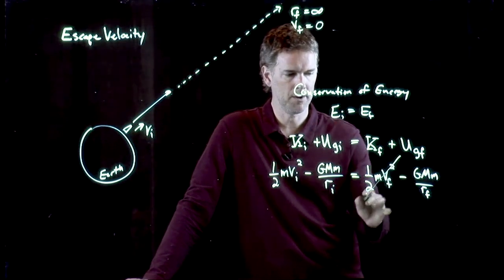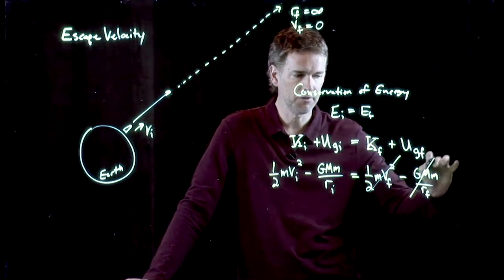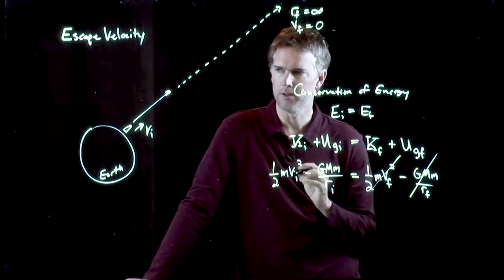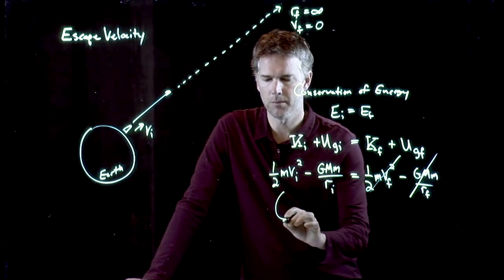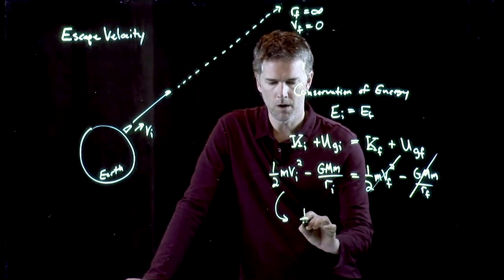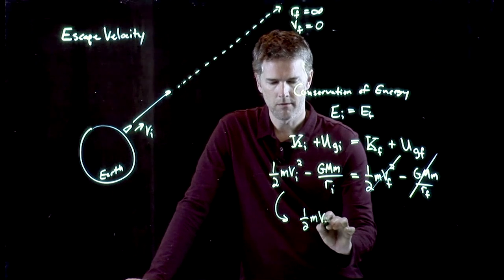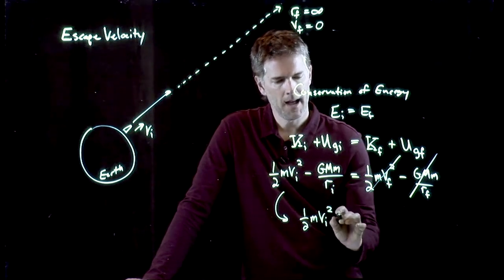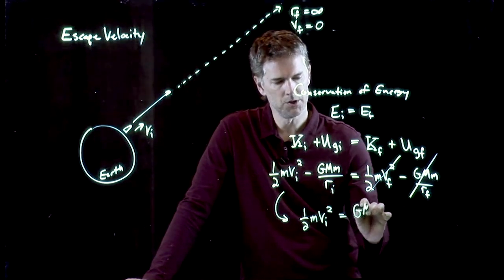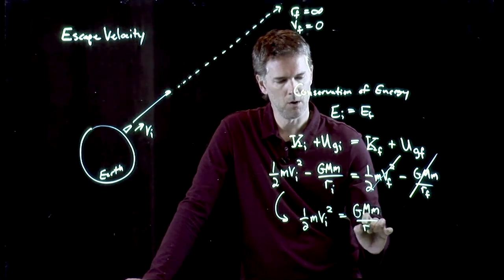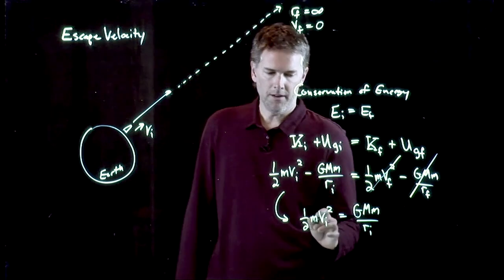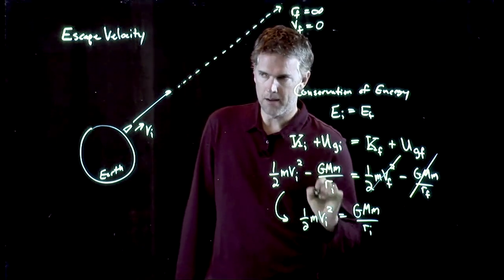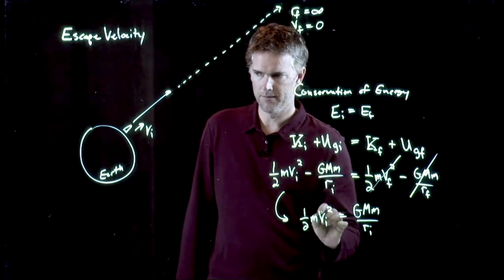This term's going to drop out, and this term is going to drop out because we put R final equal to infinity. And so now we get a nice new relationship, which is the following: 1/2 m VI squared has to be equal to GMm over R sub I. And this thing is what we call escape velocity, this VI.